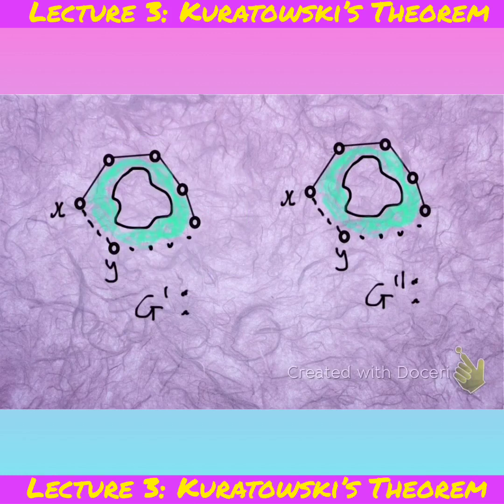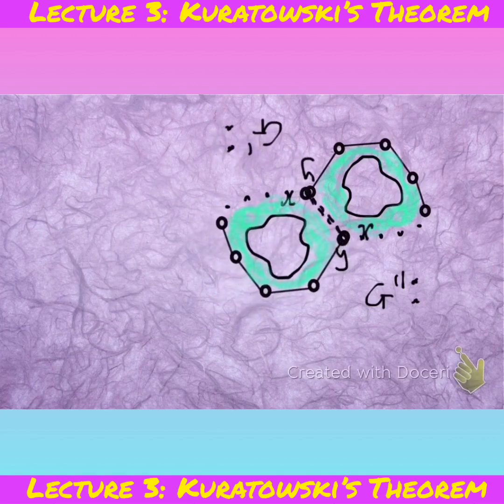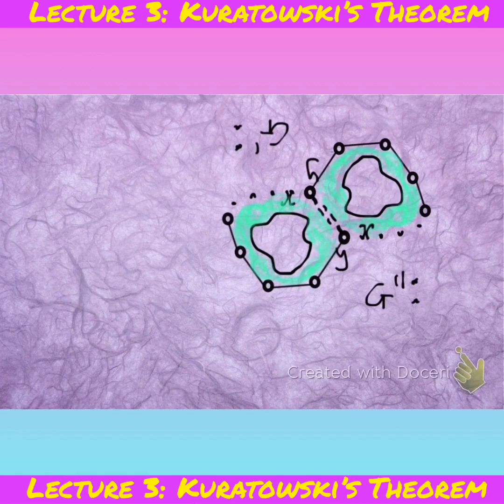Alright, so there we have G prime and G double prime, and now what we can do is, again, take G double prime and find a new planar embedding for the graph G subscript E. Okay, and now we've got a planar embedding for the graph G subscript E. And all we do now is delete the edge xy and form the graph G, and that is still going to be a planar embedding for the graph G.